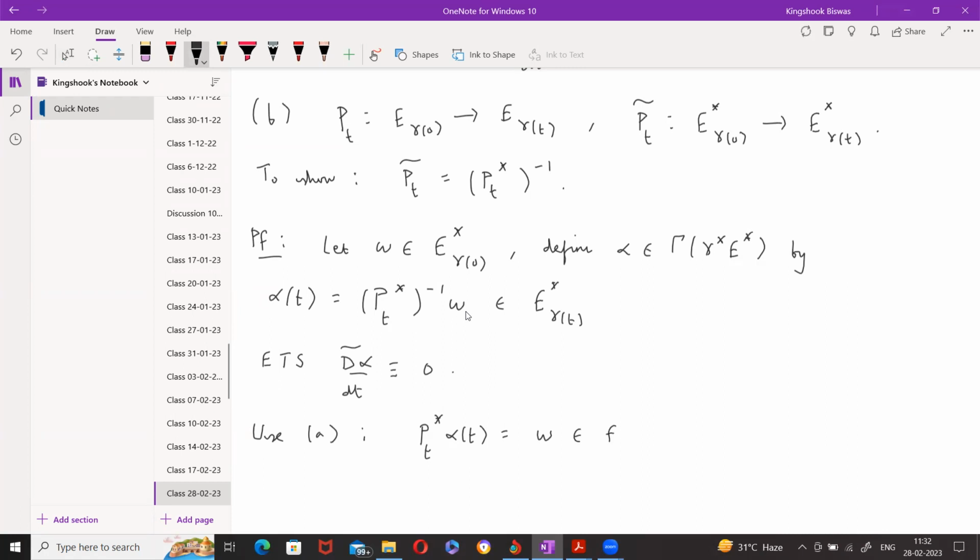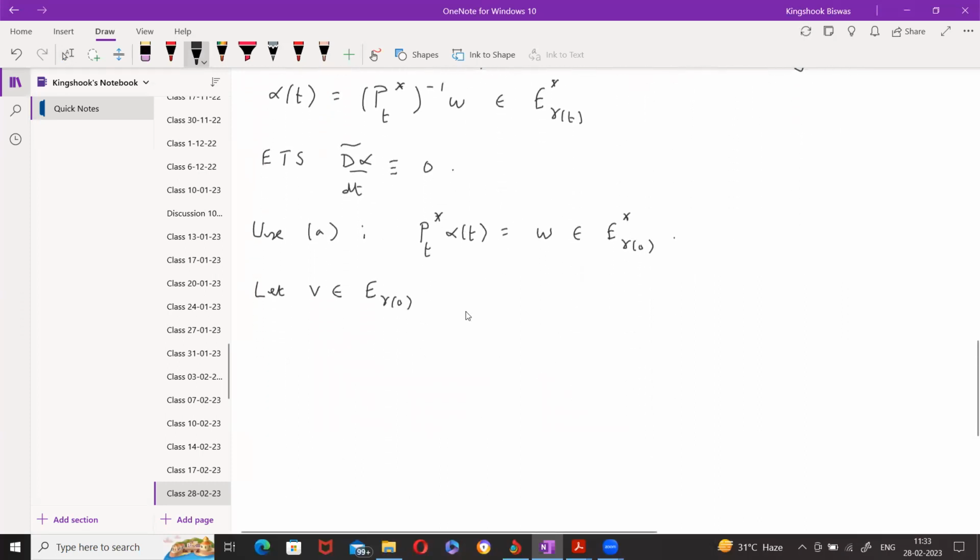Omega is in E star gamma 0. Okay. So now let V be any vector in the fiber of E at gamma 0. Then apply both sides. These are linear functionals on E at gamma 0.